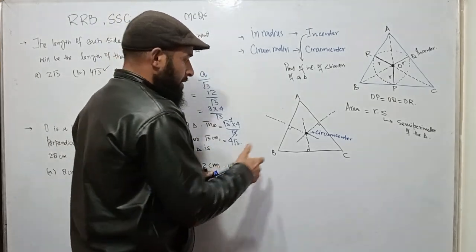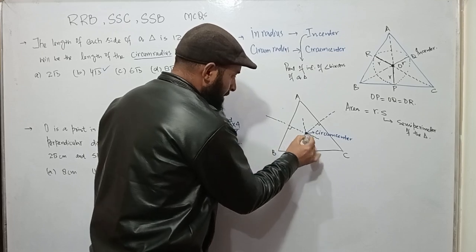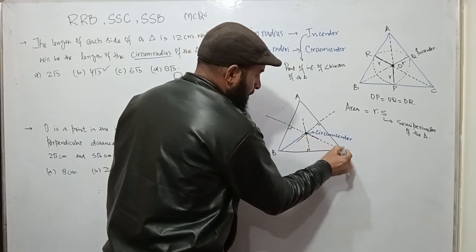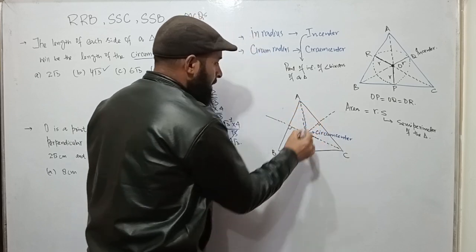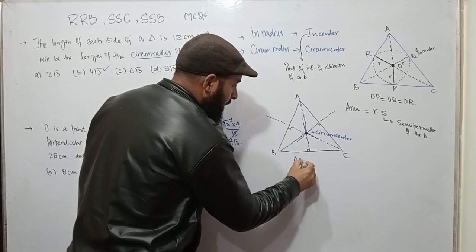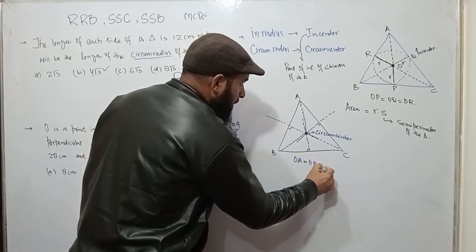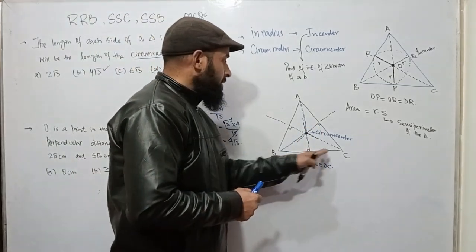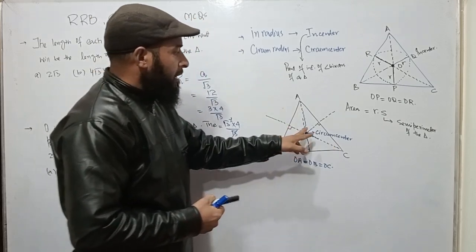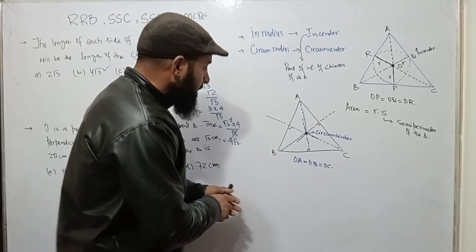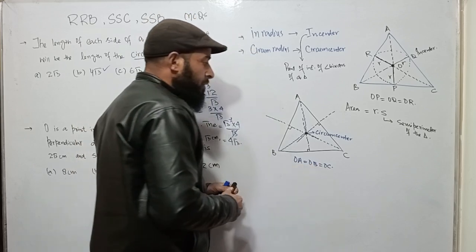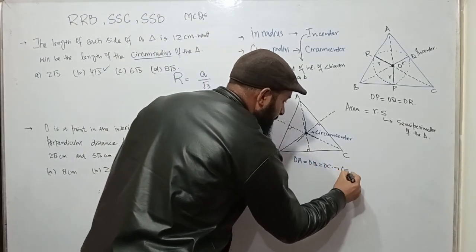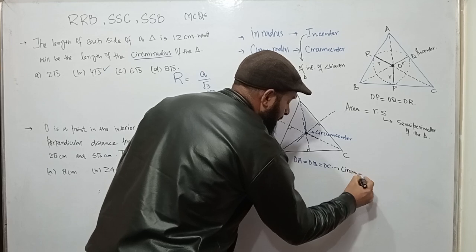Note that this circumcenter is always equidistant from the vertices of the triangle. That means here we have OA is equal to OB is equal to OC. This OA, OB, OC is called the circumradius.